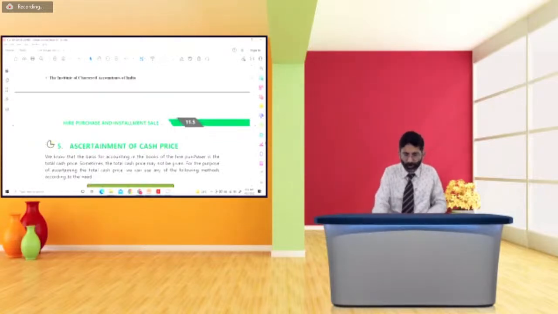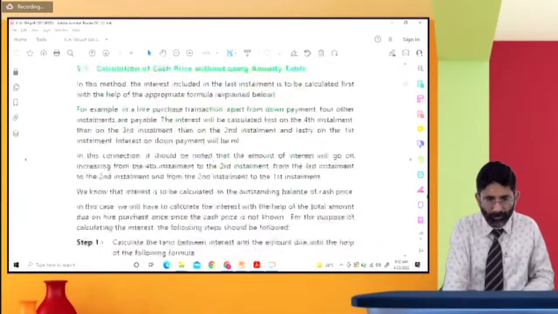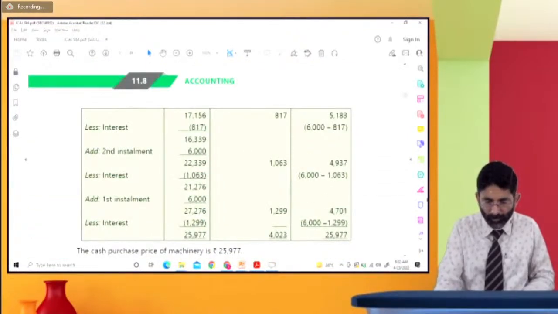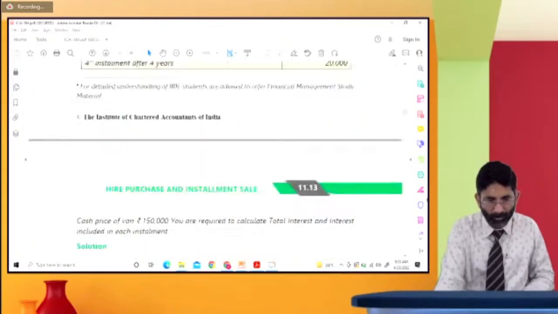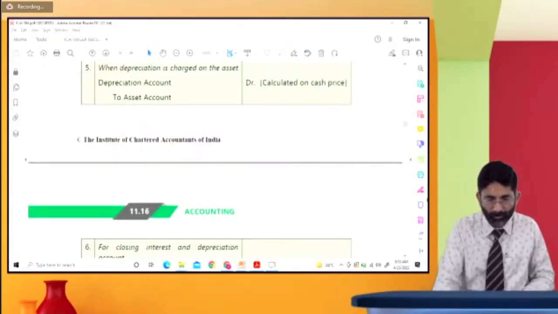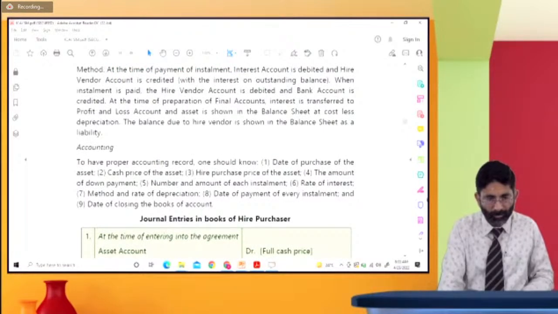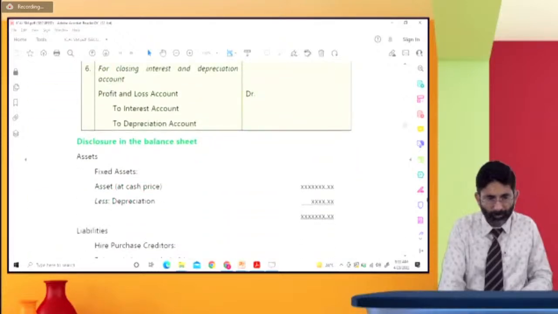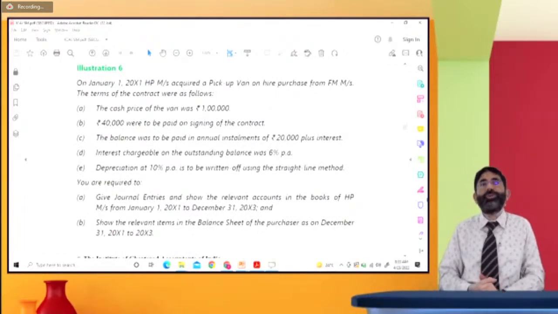Illustration number 6 of your module. Yes, this is a complete question which you can understand better.